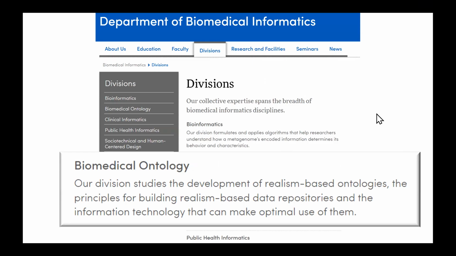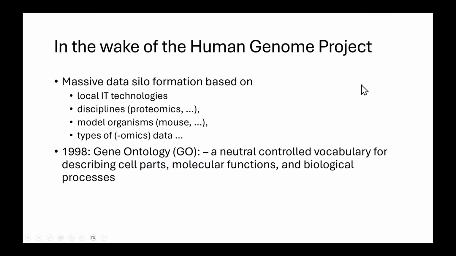Well, it's part of biomedical research, which arose in the wake of the Human Genome Project. The problem was that the Human Genome Project was incredibly important to so many people across the world, and they all wanted a piece of the action. And so they started to create genomic and proteomic and toxicomic silos of their favorite kinds of data.